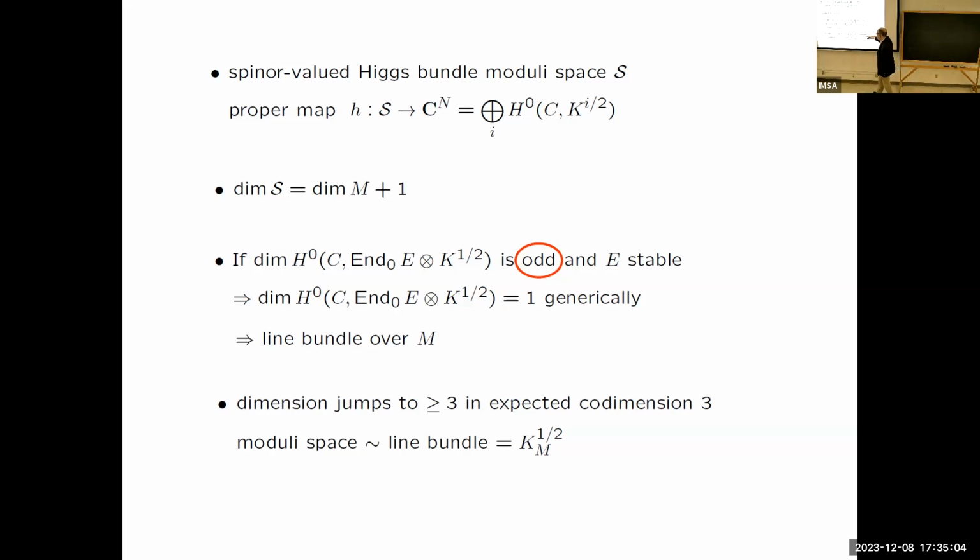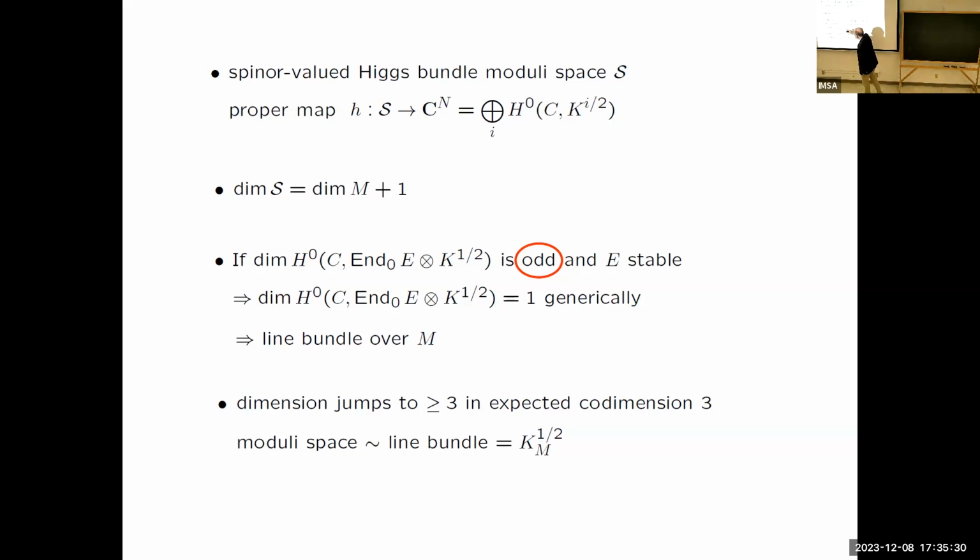Anyway, in this case, if the expected codimension is achieved, if the dimension is greater than or equal to 3, then this line bundle over an open set in the moduli space, where this is equal to 1, will extend onto the whole space. And then you can identify it with the square root of the canonical bundle of M itself.